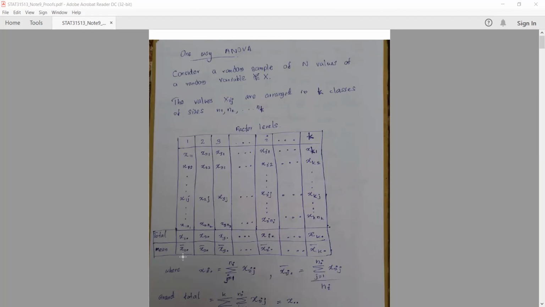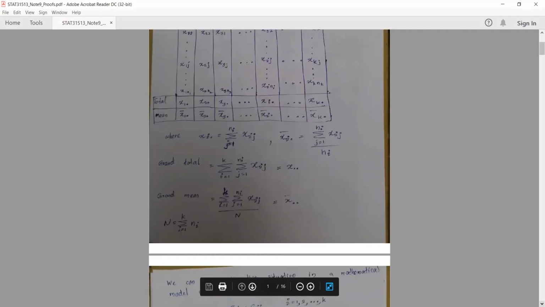Likewise, for the ith treatment, the summation is xi dot and you have ni observations, so dividing xi dot by ni gives xi dot bar, the mean under treatment i. So here are some notations: xi dot is the summation of all the observations under treatment i.